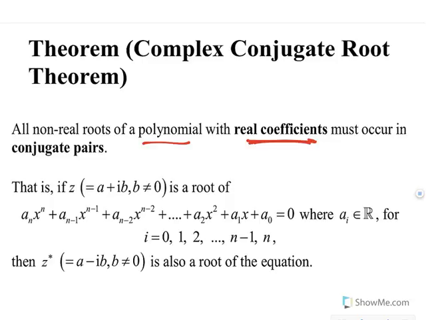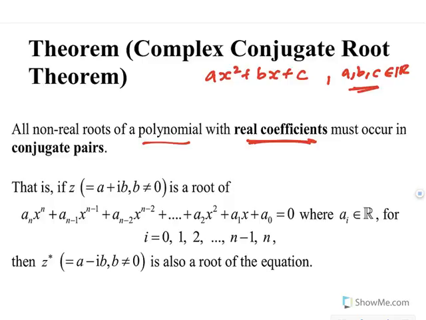It means that, supposedly, children, today I give you ax squared plus bx plus c, and let's say this is power 2, given that, most importantly, a, b, c are real. This is the most important. The polynomial coefficients must be real. Must be really real. Cannot be complex. Complex die already. You must go and change. So it must be real.